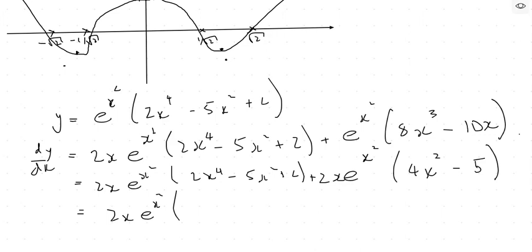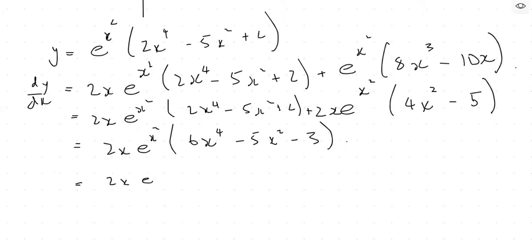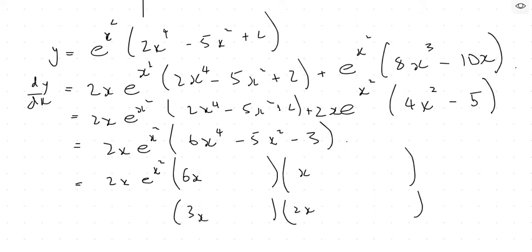So leave me with, we're adding them, so 6x to the 4 minus 5x squared plus 2 minus 5, which is minus 3. Now, let's think about this. It's either going to be 6x and x, or 3x and 2x, and factors are minus 1 and 3, or 1 and minus 3.